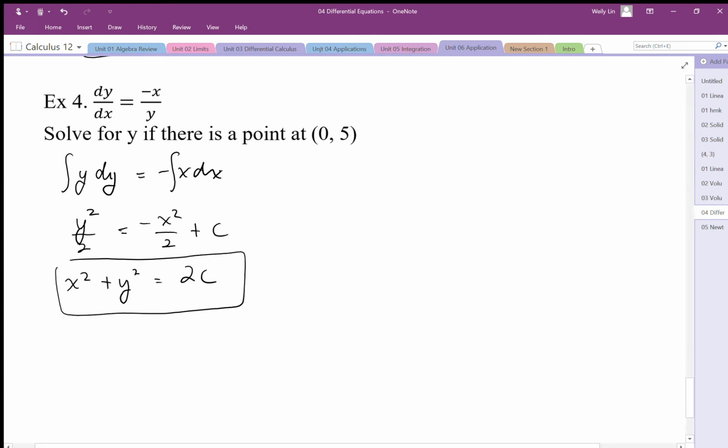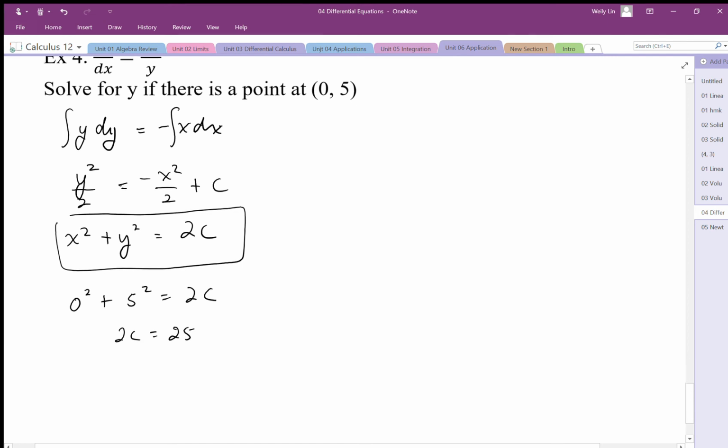It goes through (0, 5), so I'm going to plug that in. x is 0, y is 5. So our 2c value works out to be 25. That means this is a circle with radius 5: x squared plus y squared equals 25.